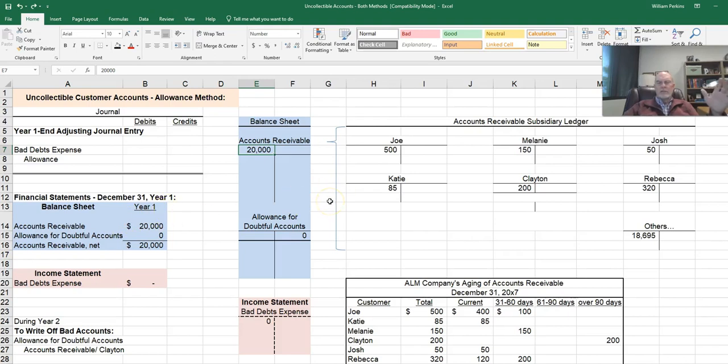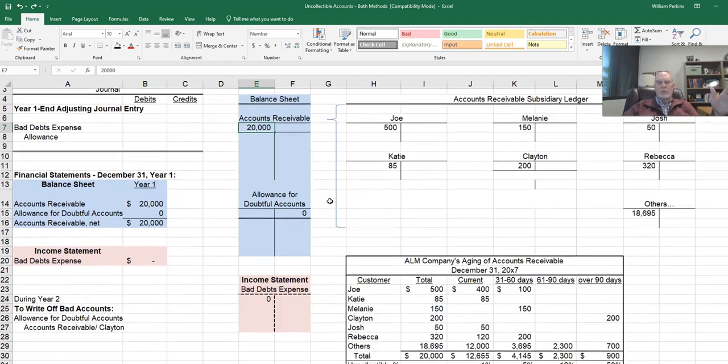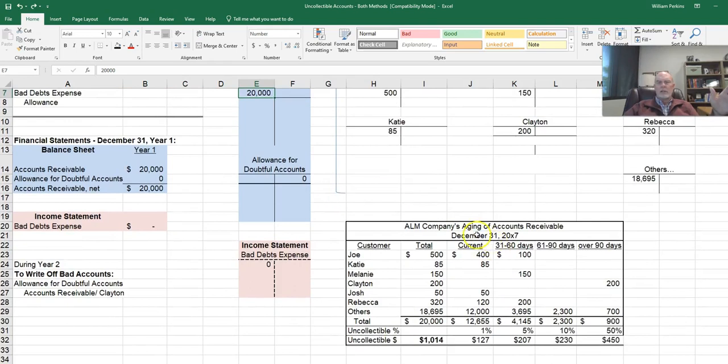Now, in order to estimate that, one thing we might do is look at the customer balances and figure out how old they are, trying to estimate the quality of those receivables. So what I've done over here, I have what's called an aging of accounts receivable.